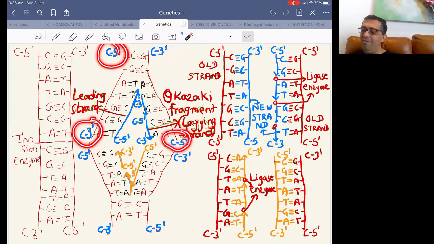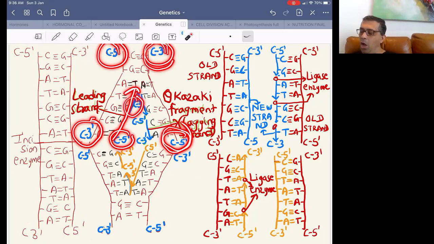Now, where will leading be made? Leading will be from C5 to C3 of the new strand. But C5 to C3 में opposite direction में बनेगा.